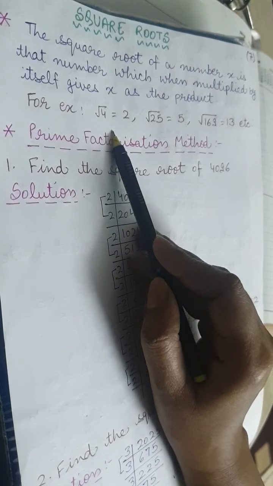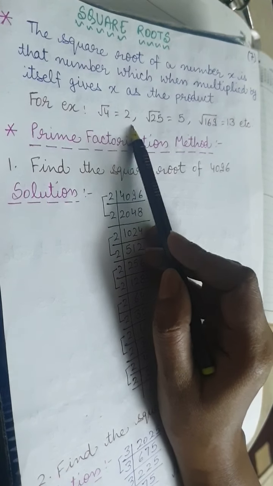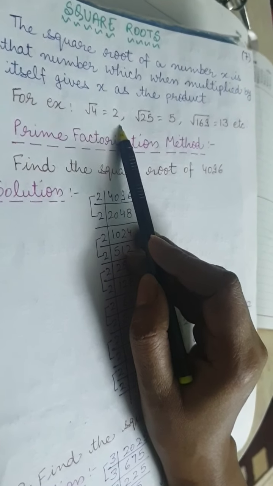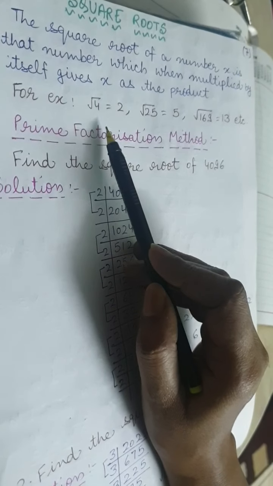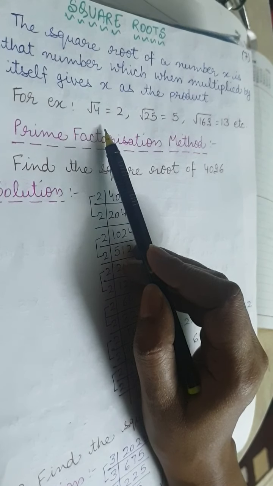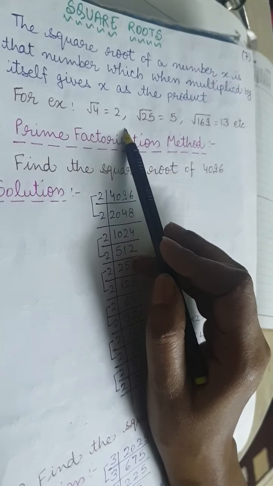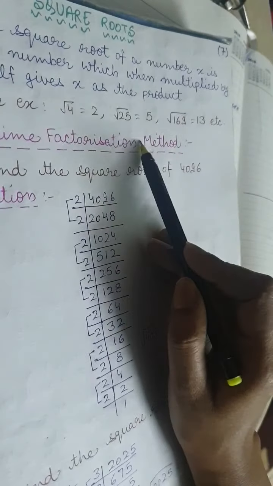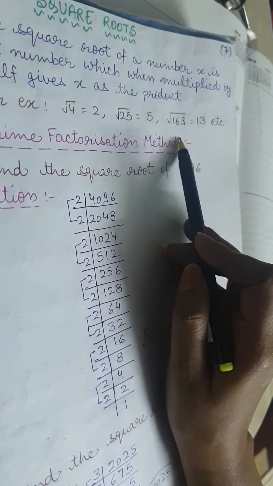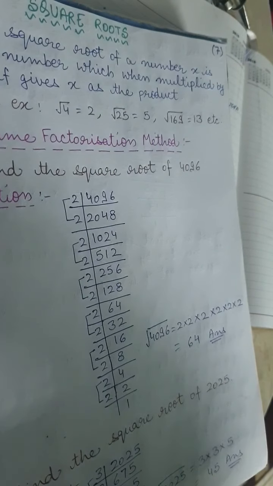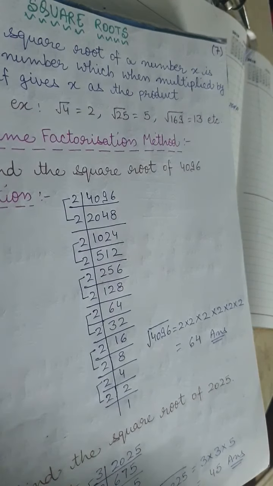For example, root of 4 is 2. We get 4 by multiplying 2 by 2. So what is the square root of 4? That is 2. Square root of 25 is 5. Square root of 169 is 13. Clear?